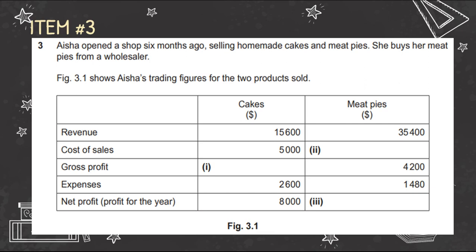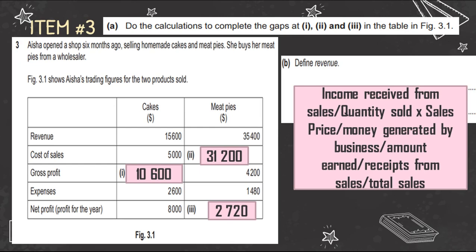In the cakes, you've got 15,600 minus 5,000, so the gross profit for the cakes is 10,600. For the meat pies, the revenue is 35,400 and the cost of sales is 31,200. The gross profit is 4,200.